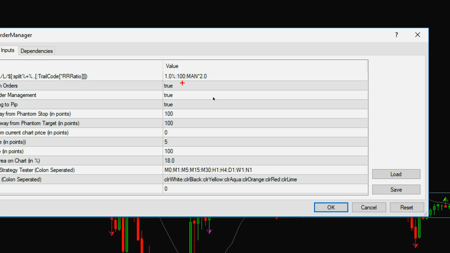So right now here it is 100%, which means if I want to risk 1% on my trade, 1% of $10,000 is $100, I want to open only one trade risking 100% on that trade.